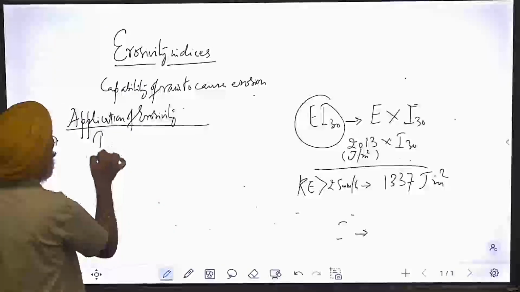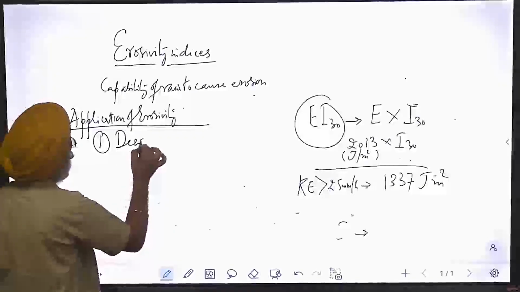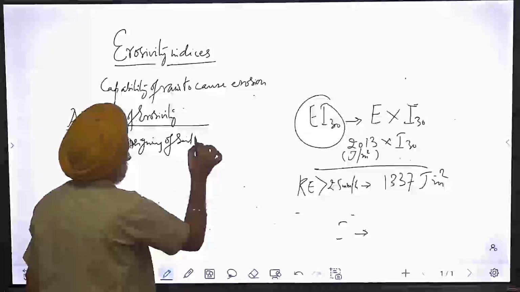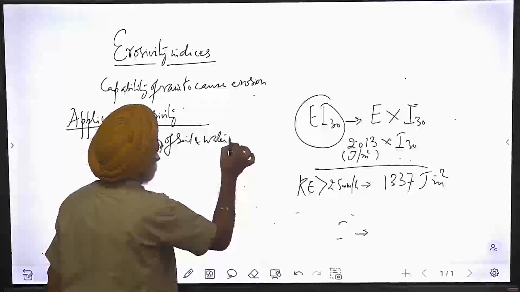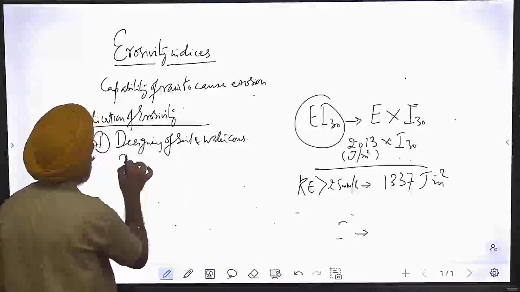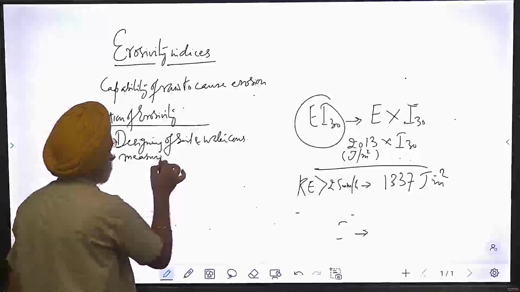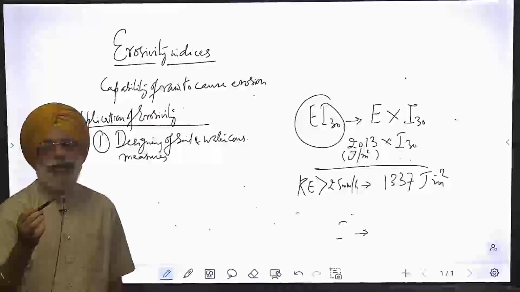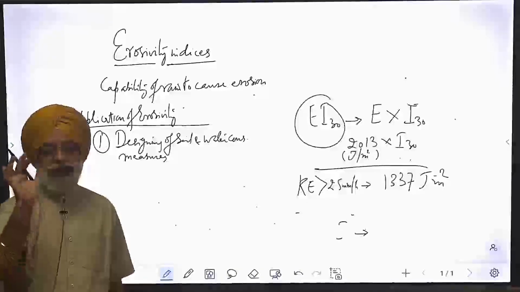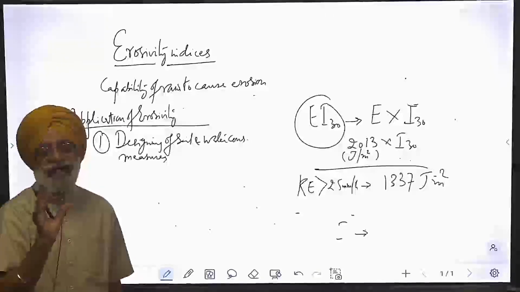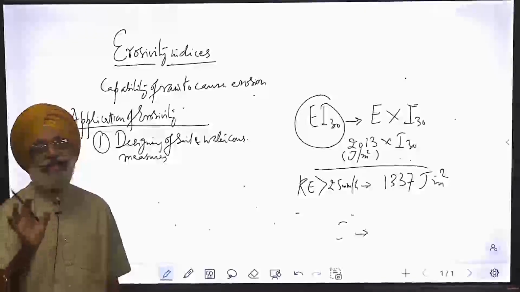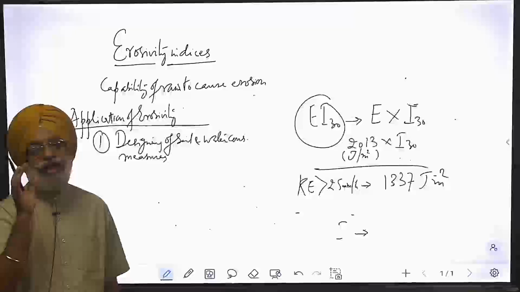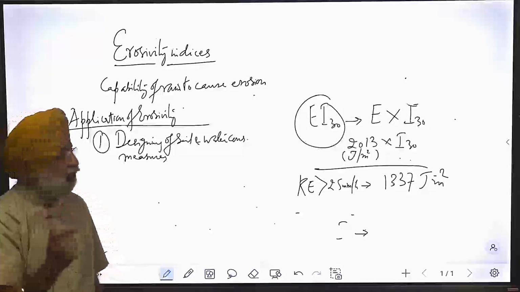First, for designing of soil and water conservation measures, it is always very important that you are clear about the erosivity level, so that you have an idea to what extent erosion can take place. Your soil conservation measures should neither be under designed nor over designed.